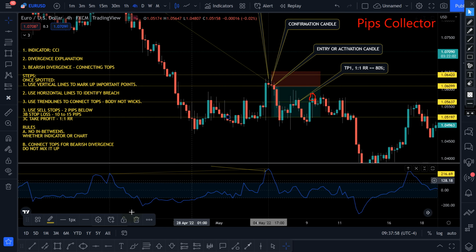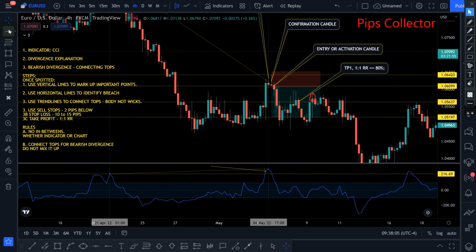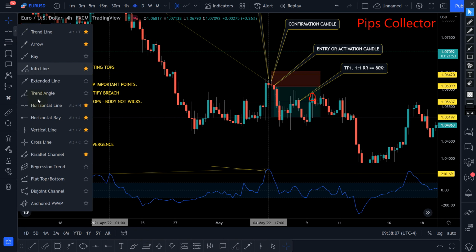Excuse me. Mind you, I was the one that selected all these properties outside. Look at where you can find all these lines I'm talking about. Trend line, arrow, horizontal line, vertical line, all of them are here. If I pick this now, you see it has shown here, but I don't need that trend angle.